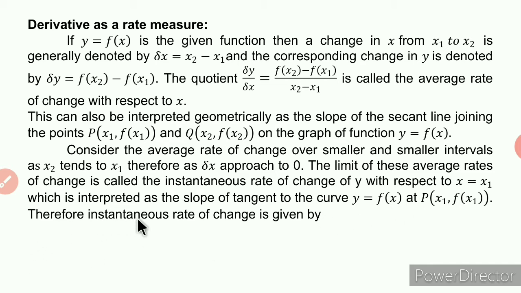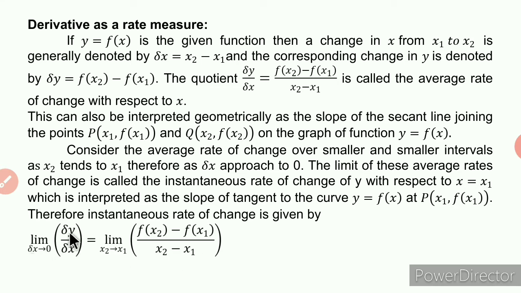Therefore, the instantaneous rate of change is given by limit delta x tends to 0, delta y upon delta x is equal to limit x2 tends to x1 of f of x2 minus f of x1 divided by x2 minus x1.